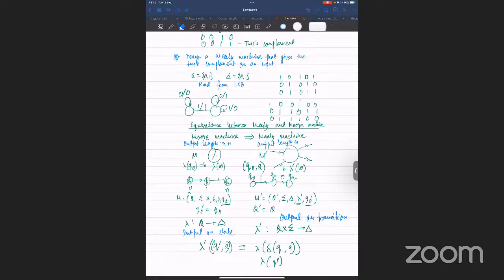If you have an edge from q on a to q prime, and suppose there was this b here, then lambda prime of q, a is equal to lambda of delta of q, a. So it was correct only.